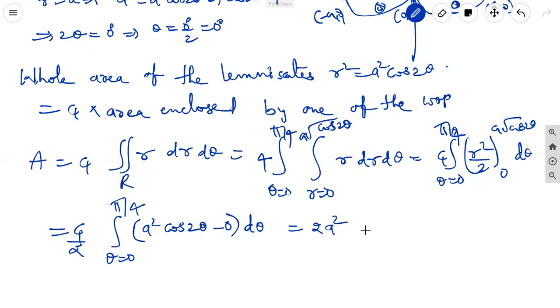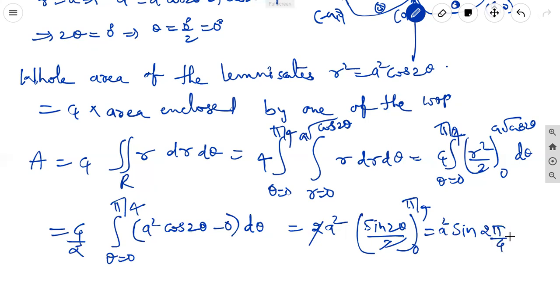The integration of cos 2 theta is sin 2 theta by 2, limits from 0 to pi by 4. 2 ones cancel. a square sin 2 into pi by 4 minus sin 0, sin pi by 2 value is 1, sin 0 is 0. That is equal to a square units. The whole area is a square only.